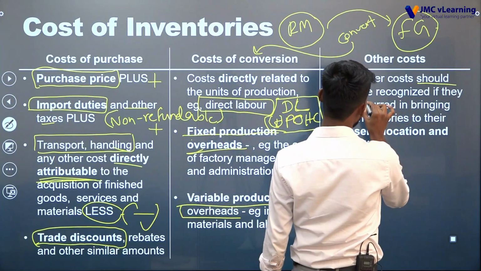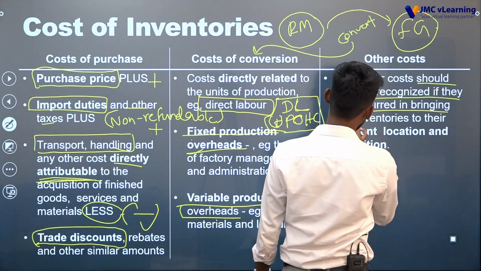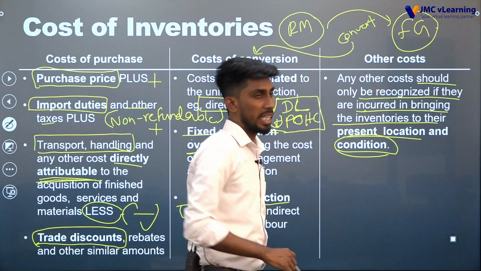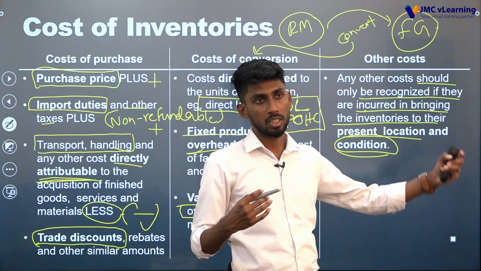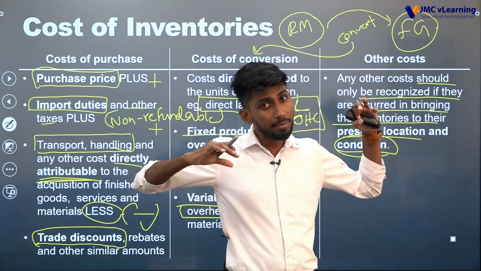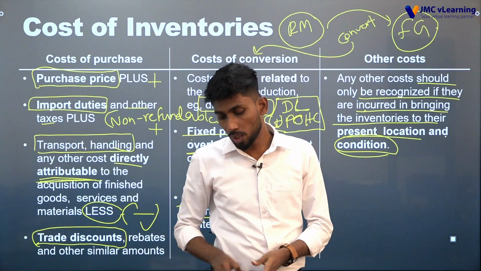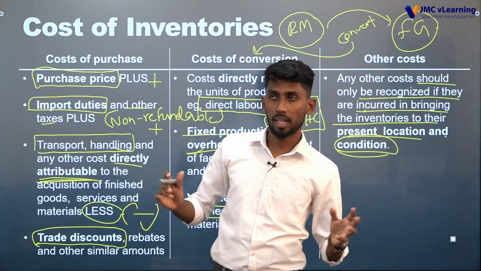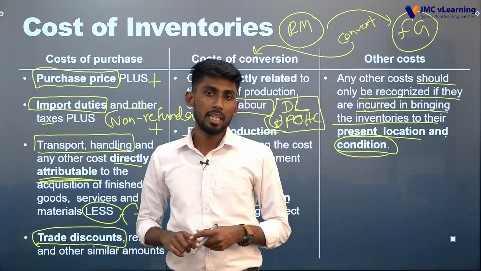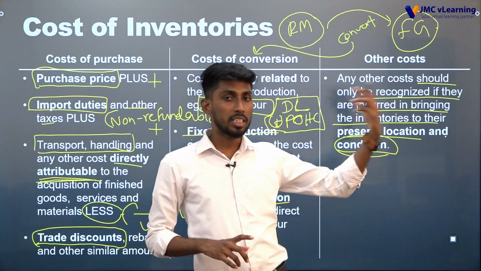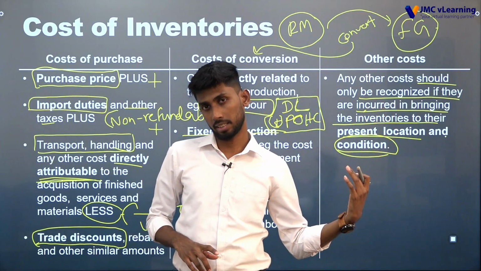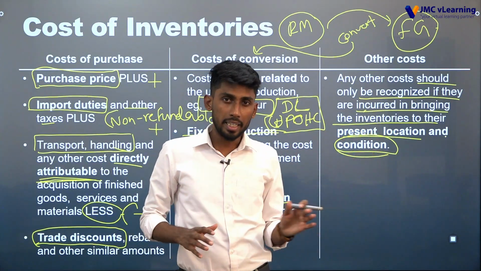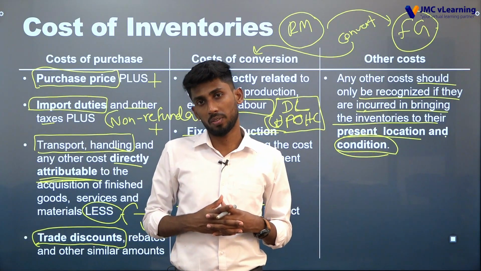And then other costs. Any other cost should only be recognized if they are incurred in bringing the inventories to their present location and condition. If we incur a cost and that cost is a must to bring that inventory item to the current location and condition, we need to incur that expense.